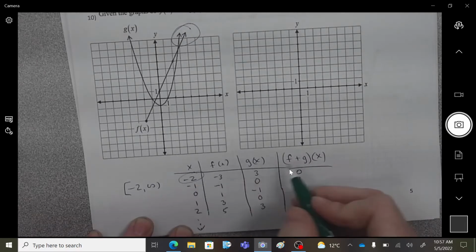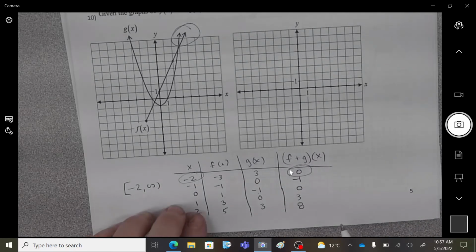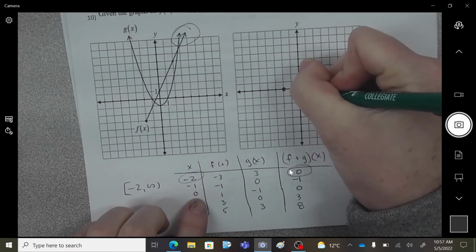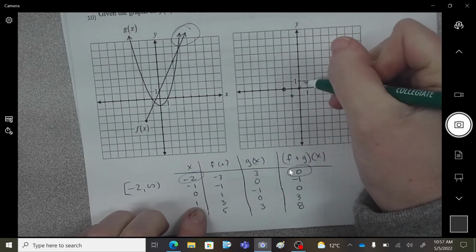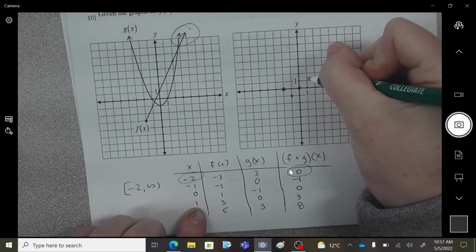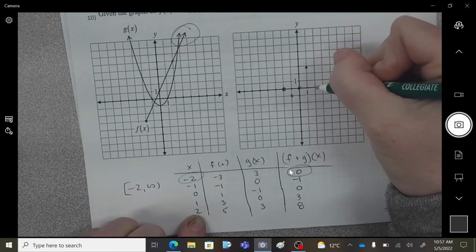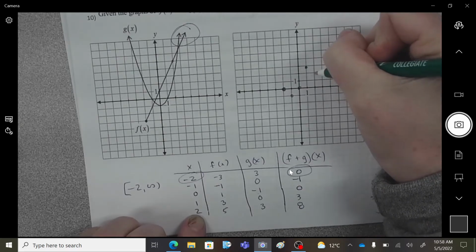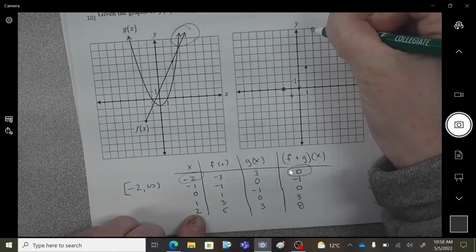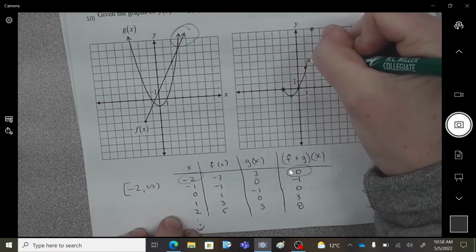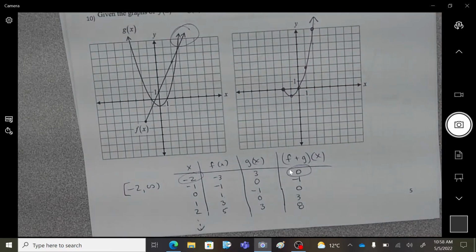So I'm going to graph these coordinates, so -2 comma 0, -1, -1, 0, 0, 1 comma 3, and 2 comma 8. And then I will have an arrow on that side because those both had an arrow on them.